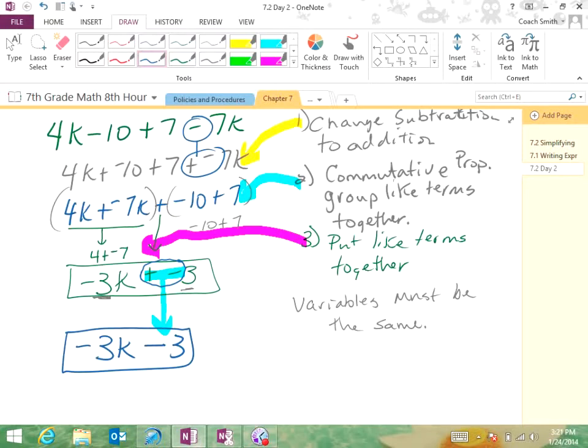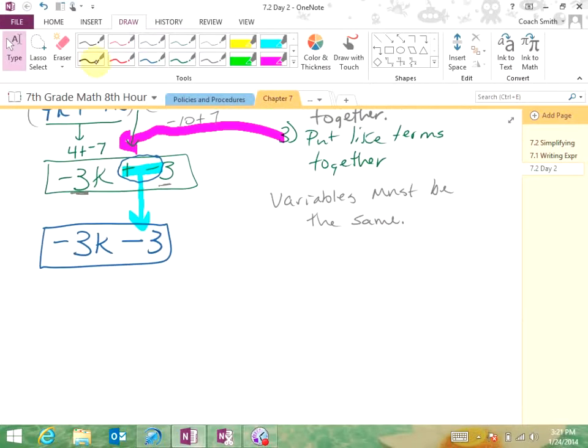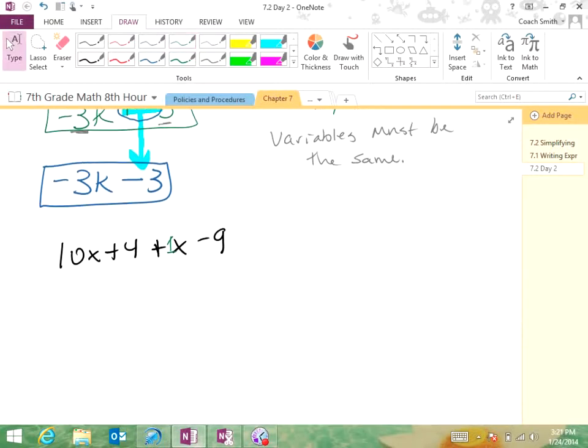Now, I want you to try this one on your own. 10x plus 4 plus x minus 9. Remember, there is a 1 in front of that x. So try it on your own. Give you a couple of minutes.